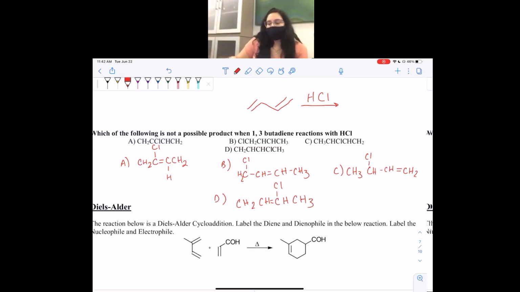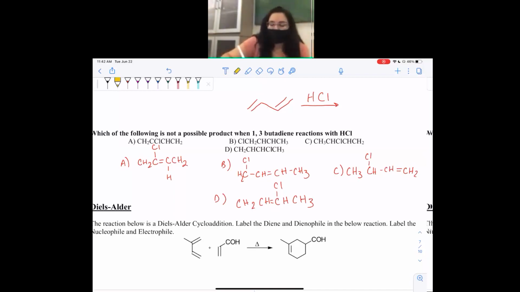So, what we're going to think about here is we know that these two double bonds are exactly the same, right? So it doesn't matter which one we use to attack because the final product will look the same either way.